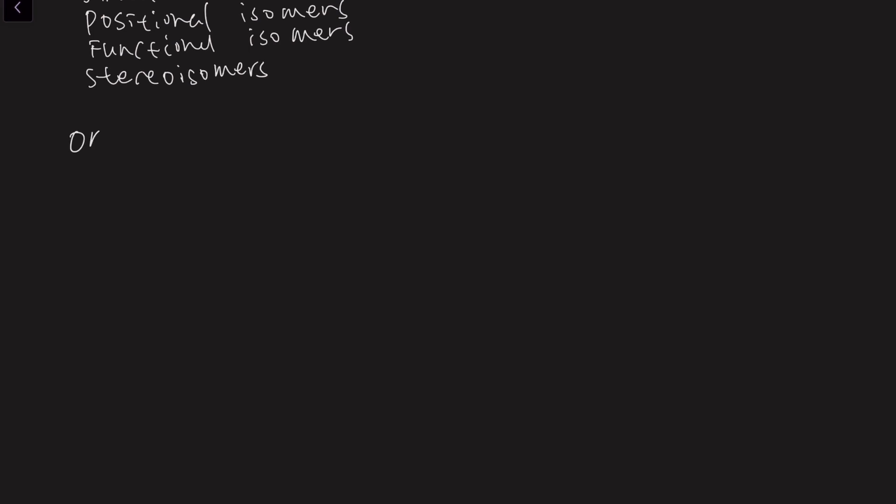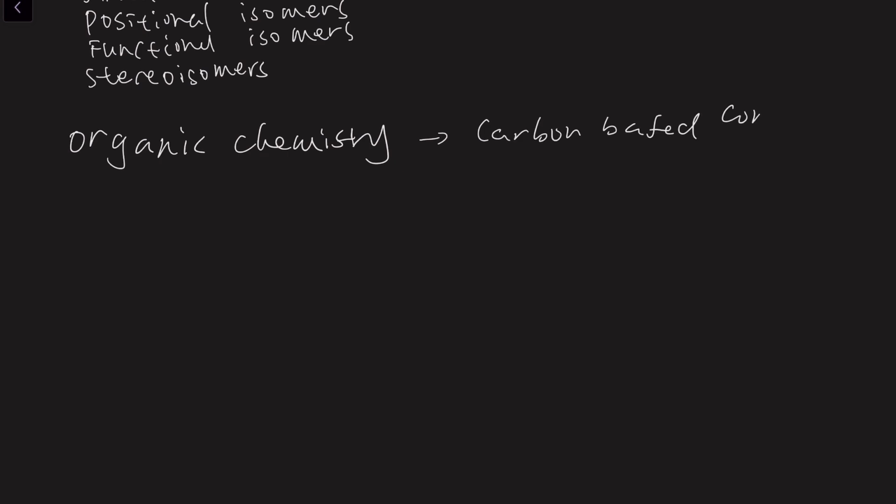So first, let's start with an overview of organic chemistry. Organic chemistry is the study of carbon-based compounds. And this excludes things like carbon monoxide, carbon dioxide, as well as some ionic compounds containing carbonates.